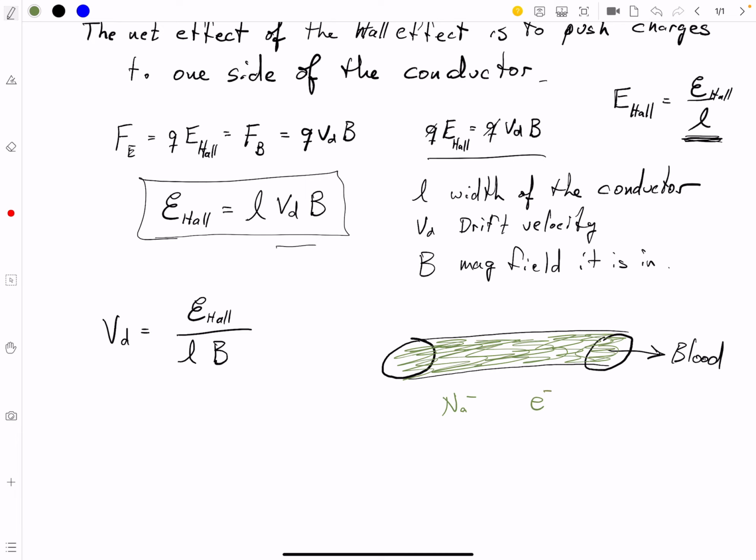And that extra electron charge is flowing through here, and we set up a B field over this blood vessel.